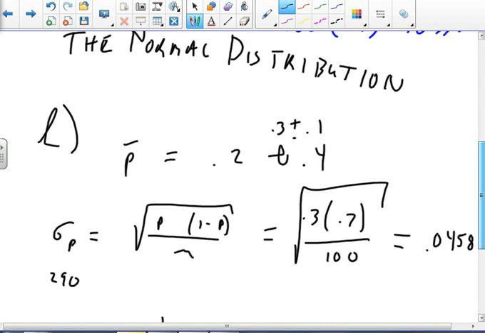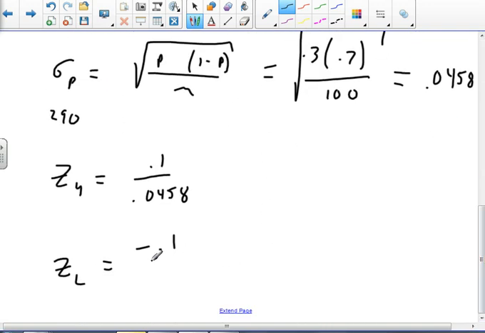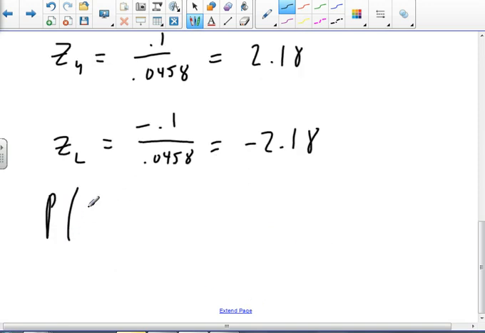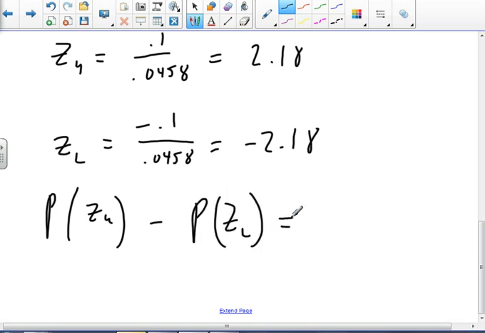It's 0.1, 30%, over 0.0458. That gives 2.18 and minus 2.18. So we want the probability of the upper limit minus the probability of the lower limit, the Z value.